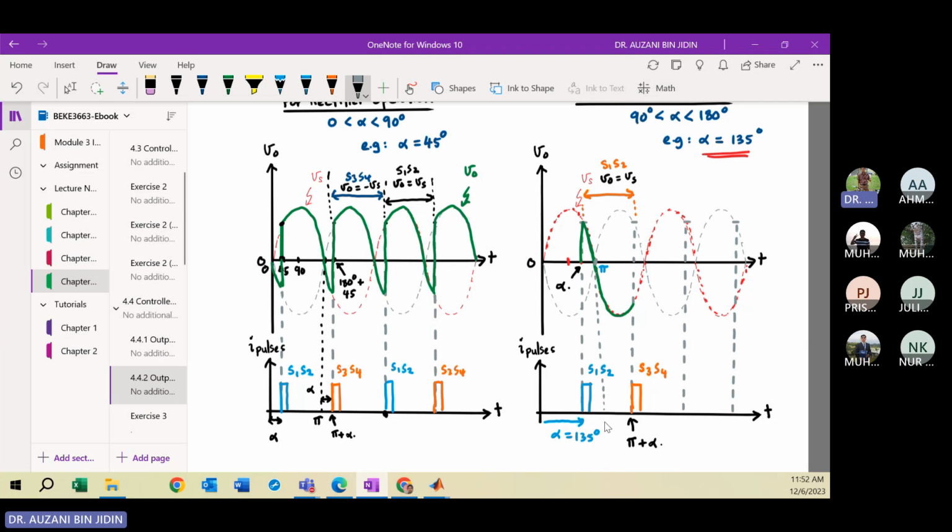So then you get, here will be pi. Then the gap between these two lines will be alpha. Then you inject the current pulse at pi plus alpha, which is 180 plus 135, 315.